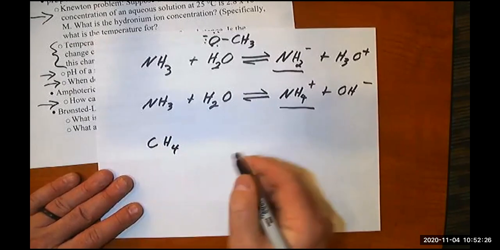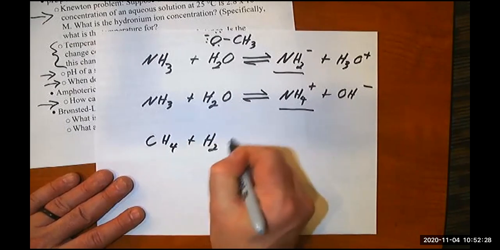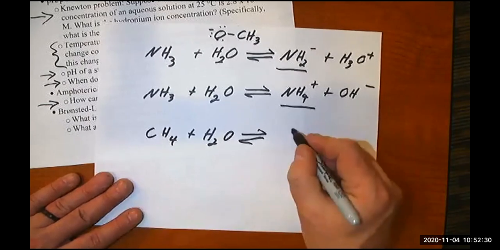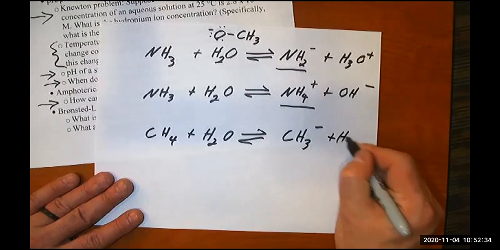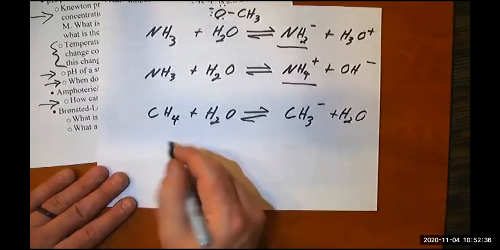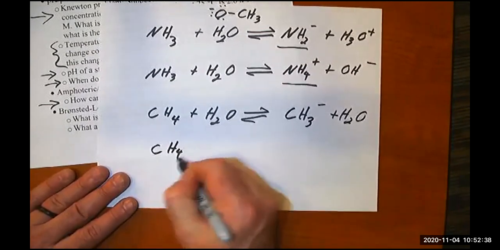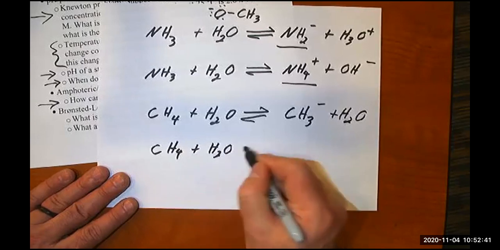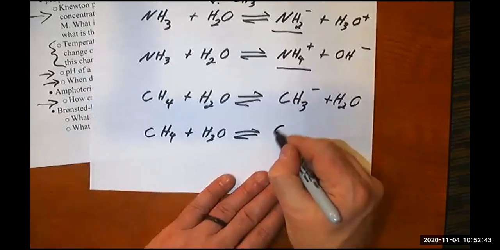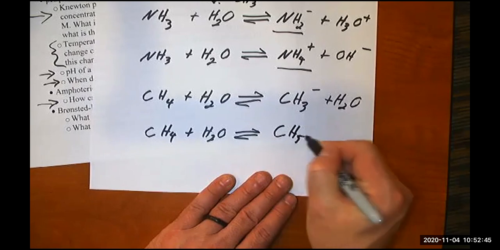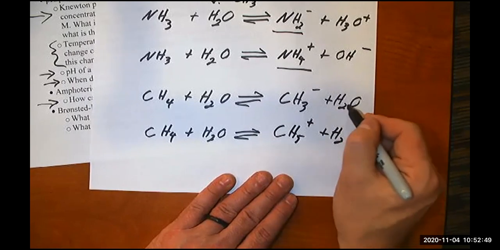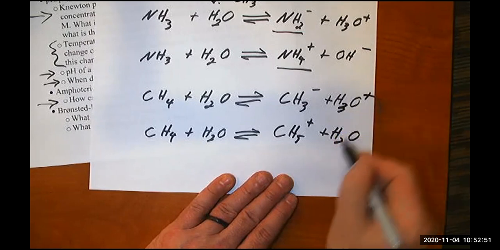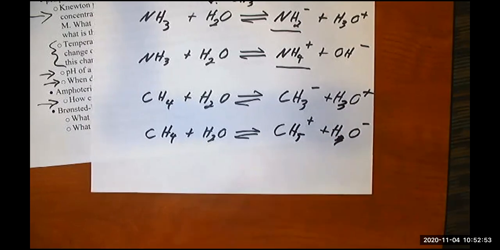So CH4 plus H2O, if it's acting as an acid, could form CH3 minus plus H3O plus. If it acts as a base, CH4 plus H2O would react to form CH5 plus and OH minus.